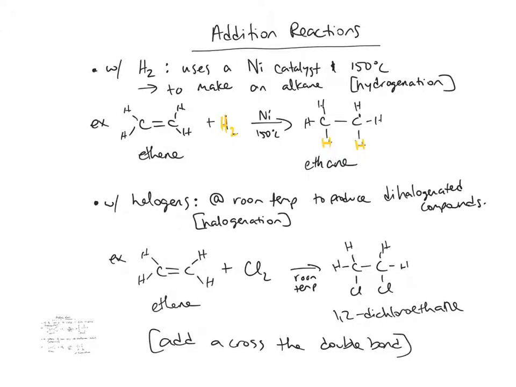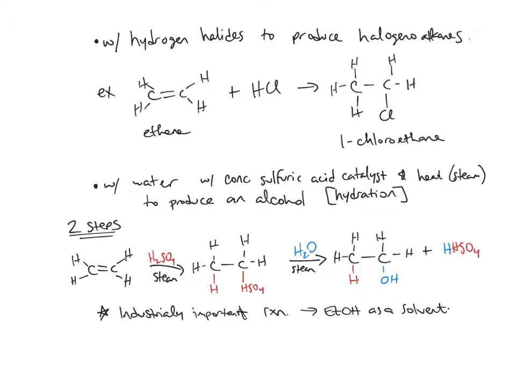Adding halogens, right? We could create a dihalogenated compound by adding a halogen. This is called halogenation. Again, we just add that Cl2 molecule across the double bond, one chlorine on each of the carbons. We would create 1,2-dichloroethane from our ethene. Again, each of these is adding across that double bond, one part on one carbon, the other part on the other.